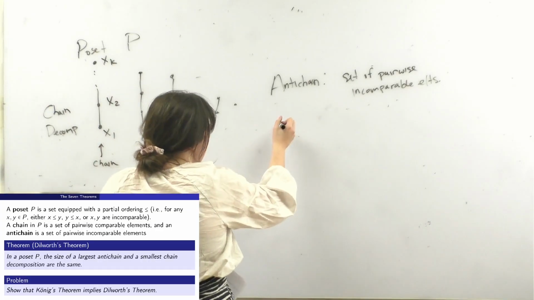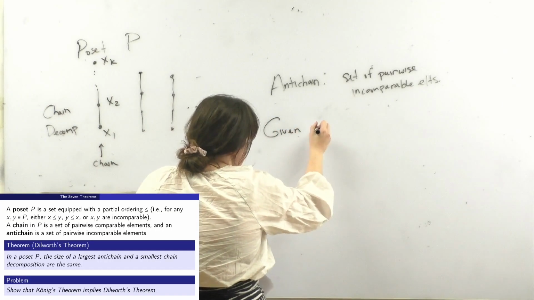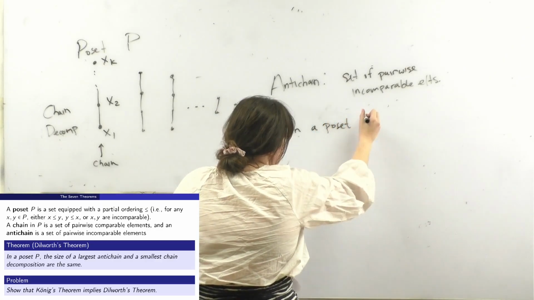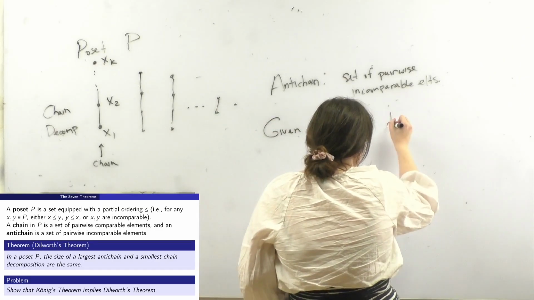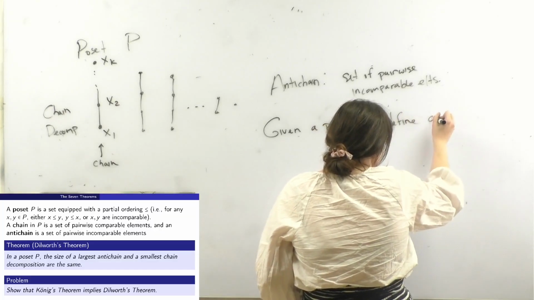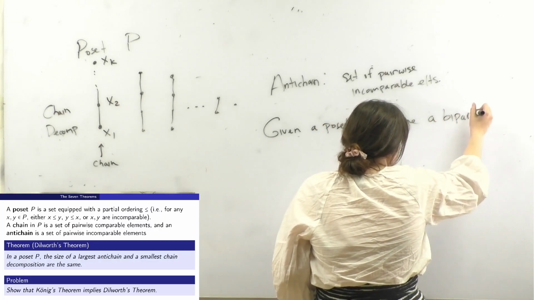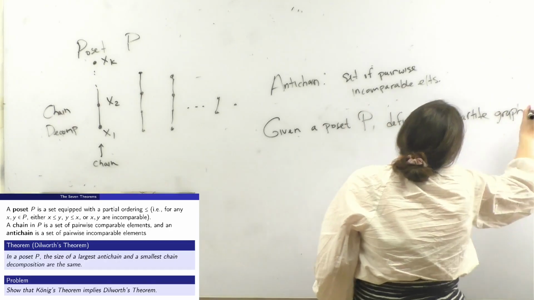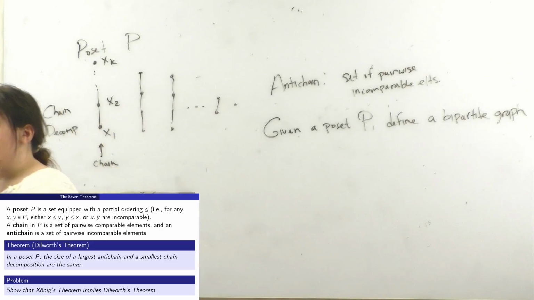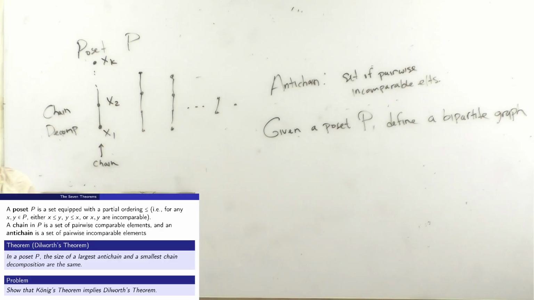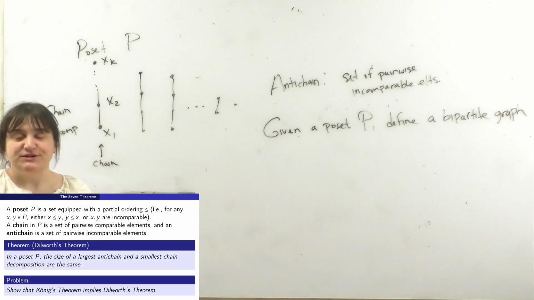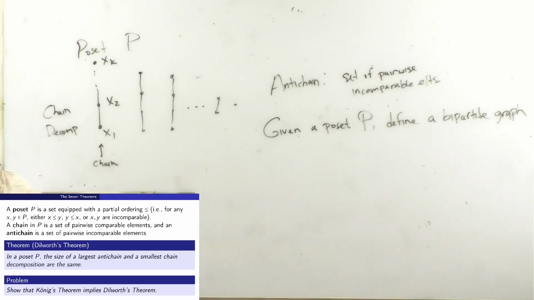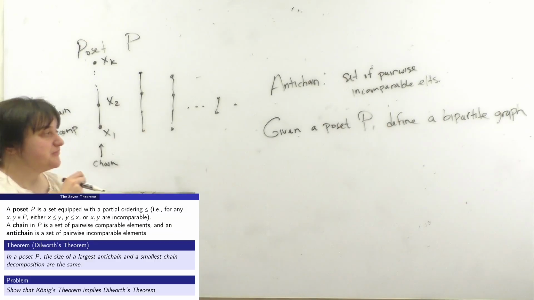Okay, so given a poset P, I'm going to define a bipartite graph to which I can apply Koenig's theorem. And I'm going to want to define this bipartite graph in a clever way so that matchings will correspond, as it turns out, to chains, and covers will correspond to anti-chains.